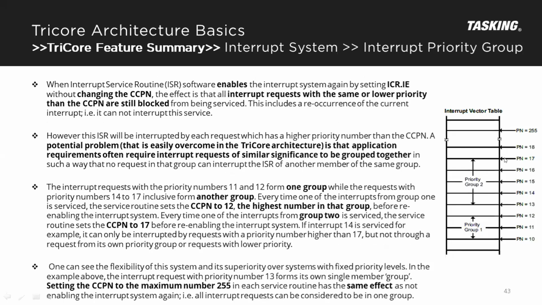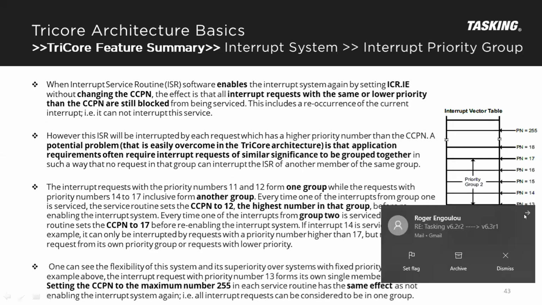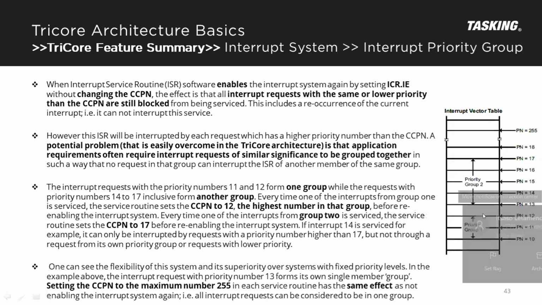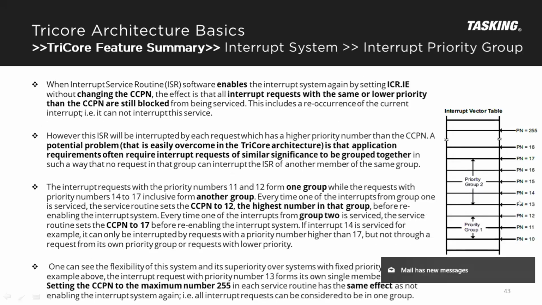All right, so let's consider this scenario. For example, I have priority group number 1 and priority group number 2. For priority group number 1, I have 2 interrupts inside it, 11 and 12. And inside the second group, which is group number 2, I have 14, 15, 16, 17.